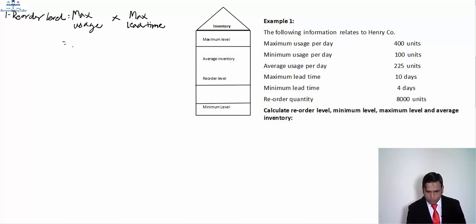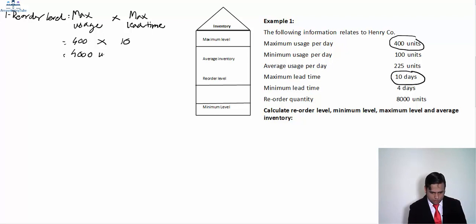Now the maximum usage over here is 400 units. That is, the maximum usage per day is 400. And the maximum lead time is 10 days. We are using these two figures just for the indication, and this becomes 4,000 units.